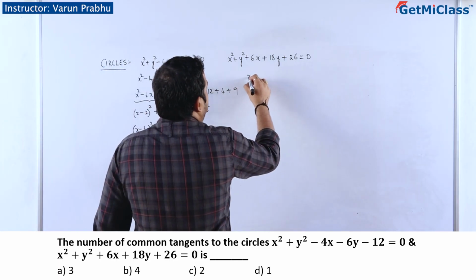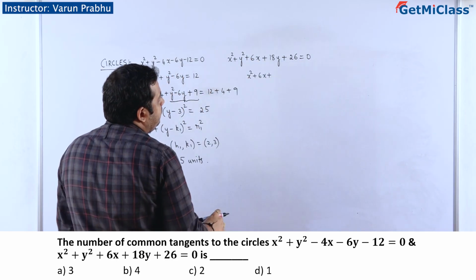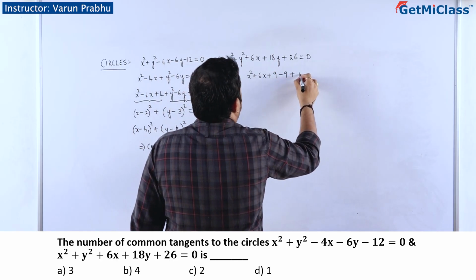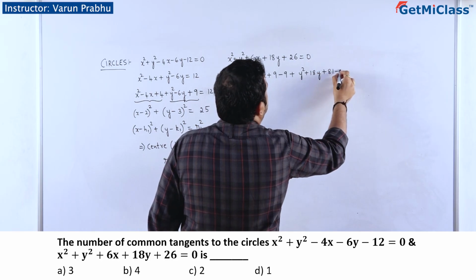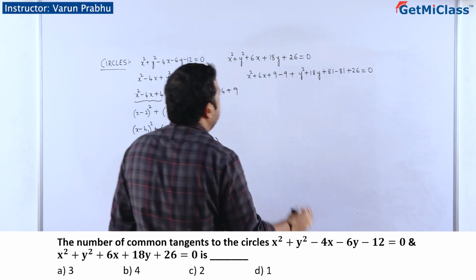Similarly, for the second circle, x² + 6x + 9 − 9 + y² + 18y + 81 − 81 + 26 = 0.